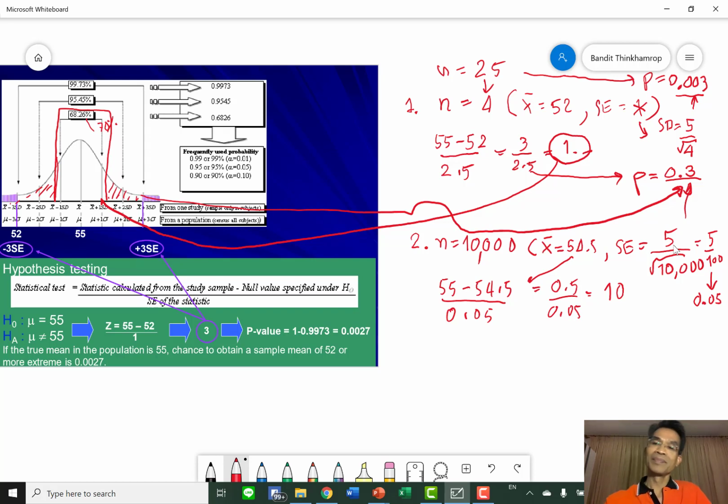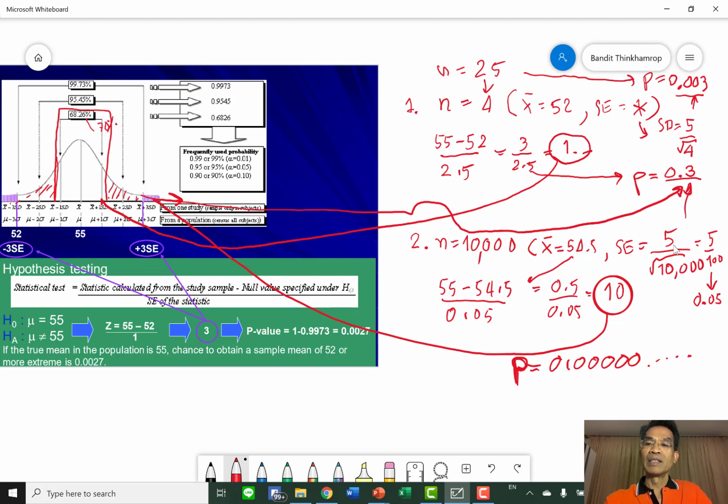So 10 corresponds to very far away from 3 here. That means the p-value would be something like 0.00000 something.